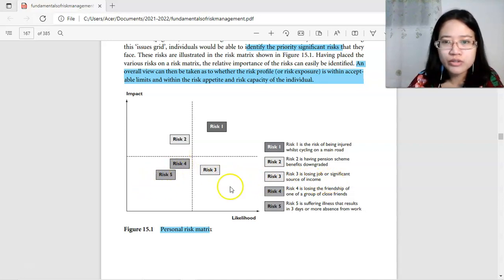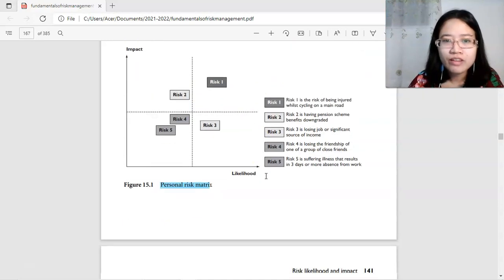Then the less serious ones: risk 4, losing the friendship of one of a group of close friends. Risk 5, suffering illness that results in 3 days or more absence from work. Yeah, so that is just its example. It does not apply to all, and it would depend on the individual's perception and of course risk appetite and risk capacity. Okay.